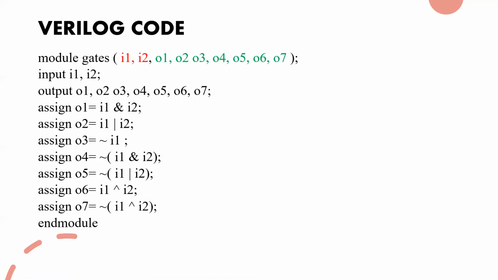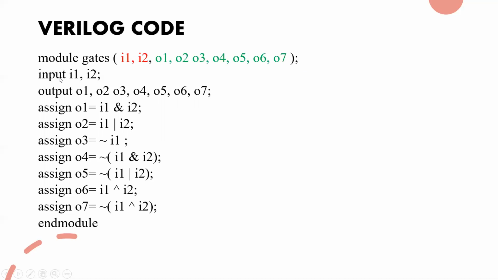So we have 7 outputs, and we have named it as O1, O2, O3, O4, O5, O6 and O7. So in this module itself, we'll be first writing the inputs, that is I1 and I2, and next followed by the outputs, and this will be ended by a semicolon.